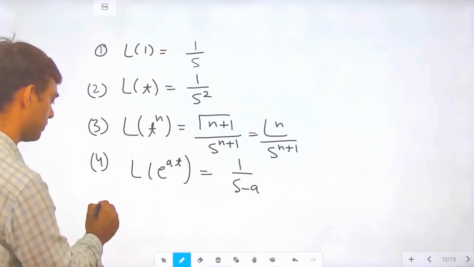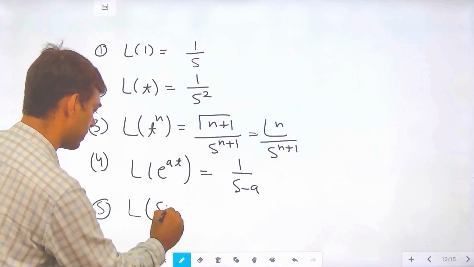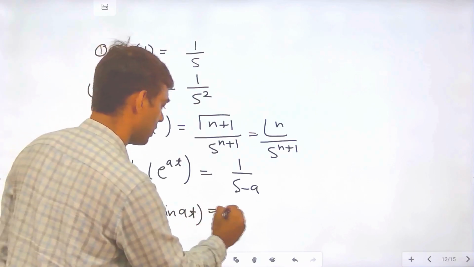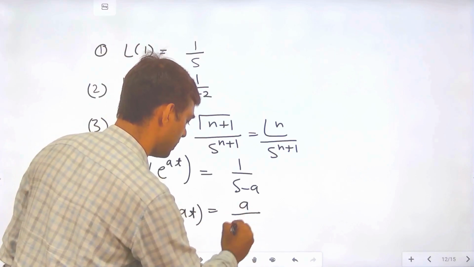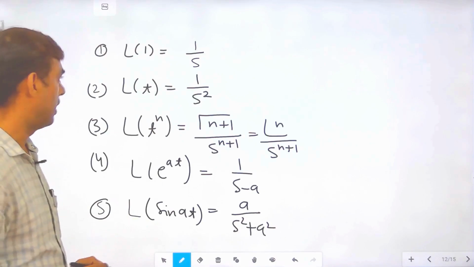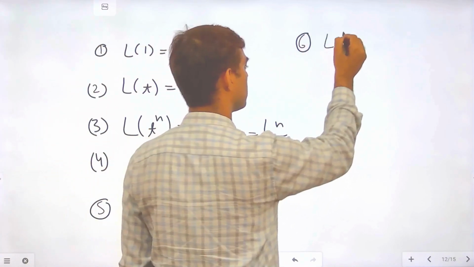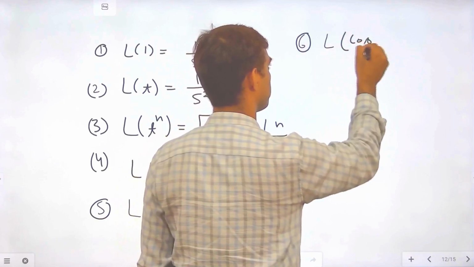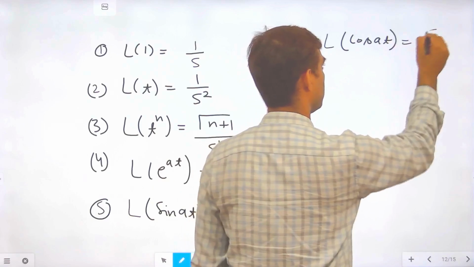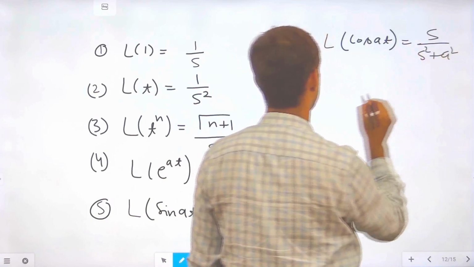Fifth one, the Laplace transform of sin at equals a upon s square plus a square. Sixth is the Laplace transform of cos at, equal to s upon s square plus a square.